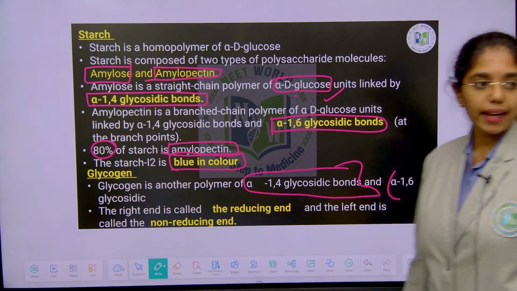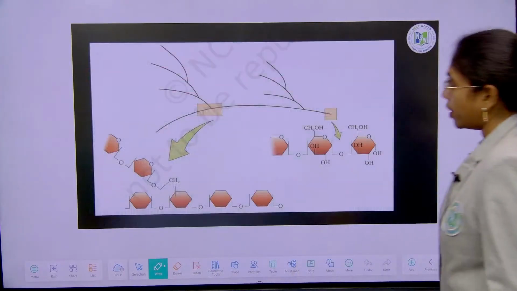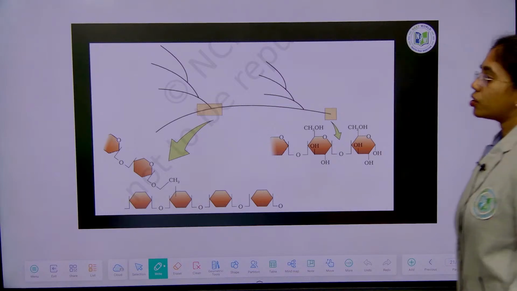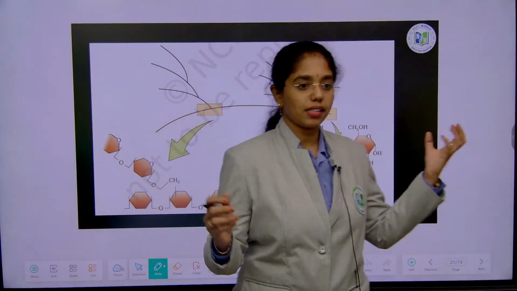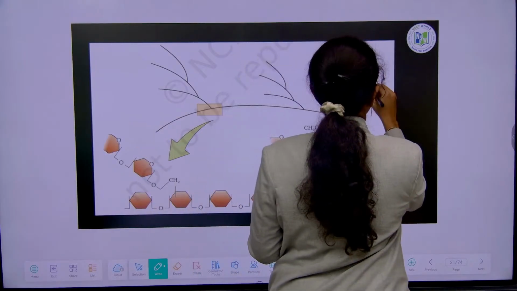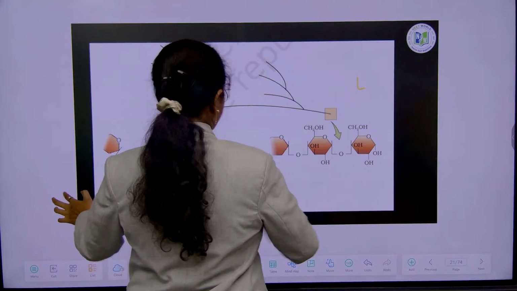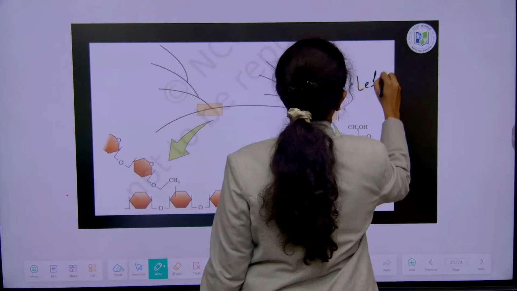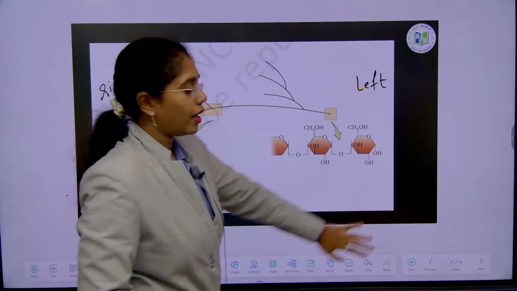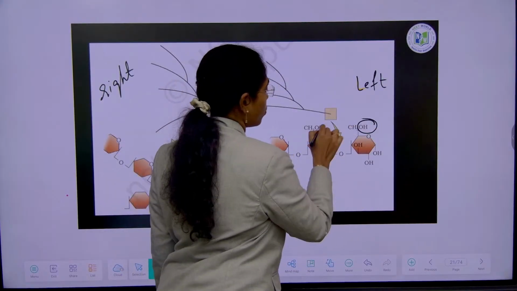There is a diagram that is given in your NCERT, wherein the right end is addressed as the reducing end, and the left end is known as the non-reducing end. So here you have to observe it like this. This is the left end, this is the right end. Here can you see free aldehyde and ketone groups?